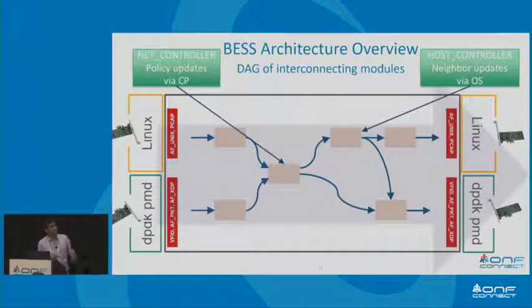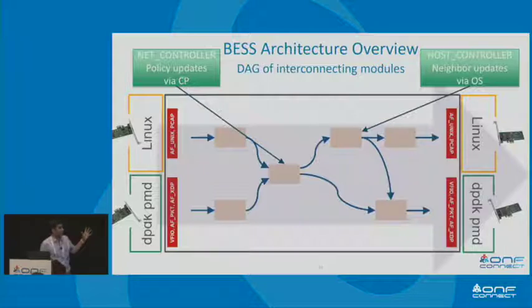Similarly, the second module, which is the host controller, can talk to the router module. The host controller can be talking to the kernel itself, maybe using netlink sockets to get route updates and ARP updates, and then it can use gRPC to communicate to the router module to update the traffic directions.